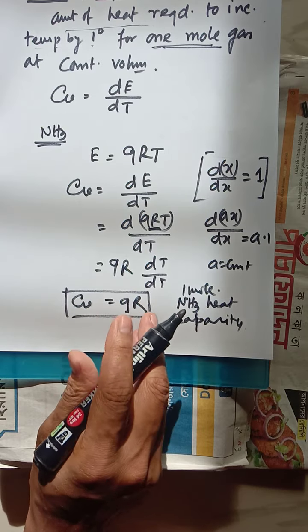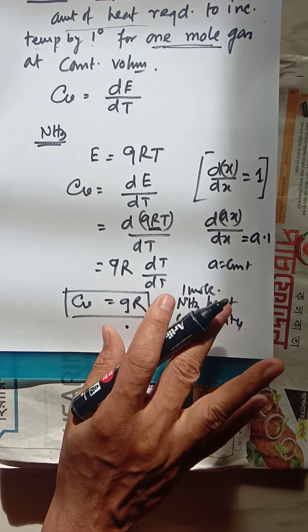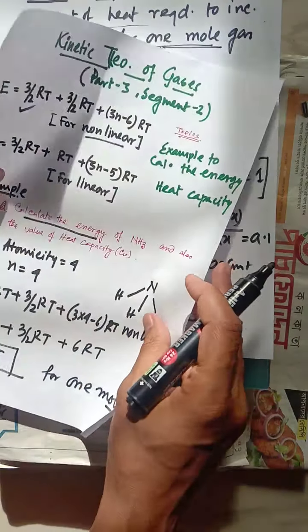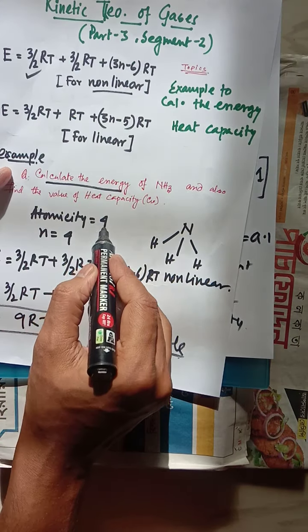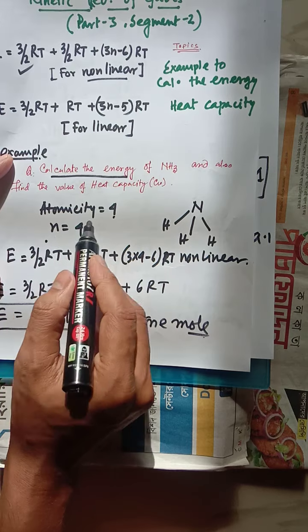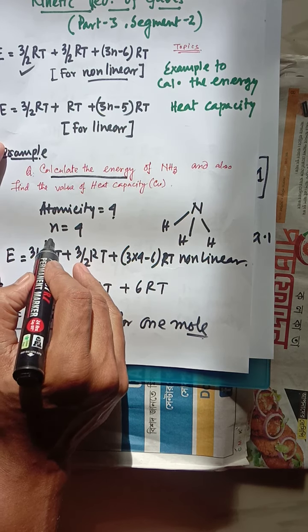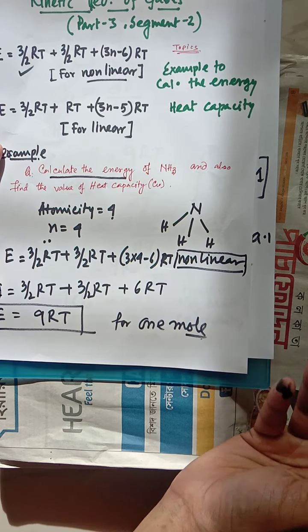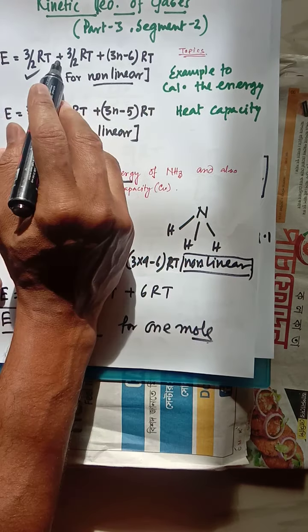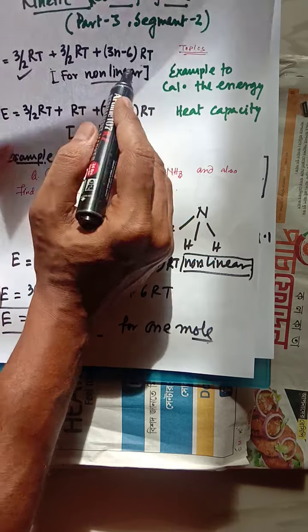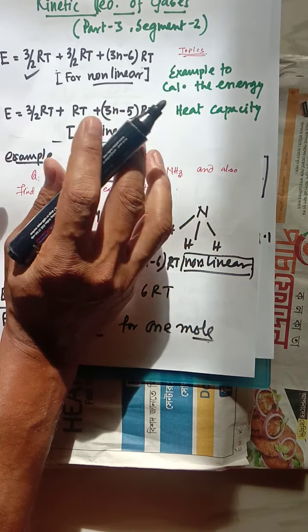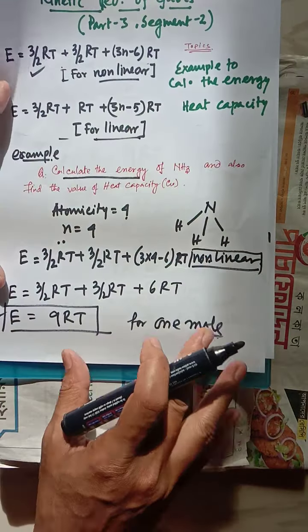By this way we can easily solve this type of problem. Not only NH3: if any different molecule is given, first we find the atomicity, put that value in place of N, and think about whether it is non-linear or linear. Whenever it is non-linear, we follow this expression, and whenever it is linear, we follow the other expression. Hope that it's clear to all of us.